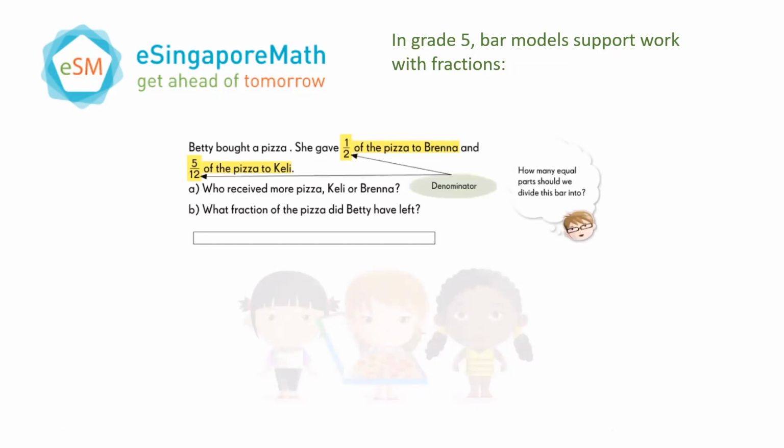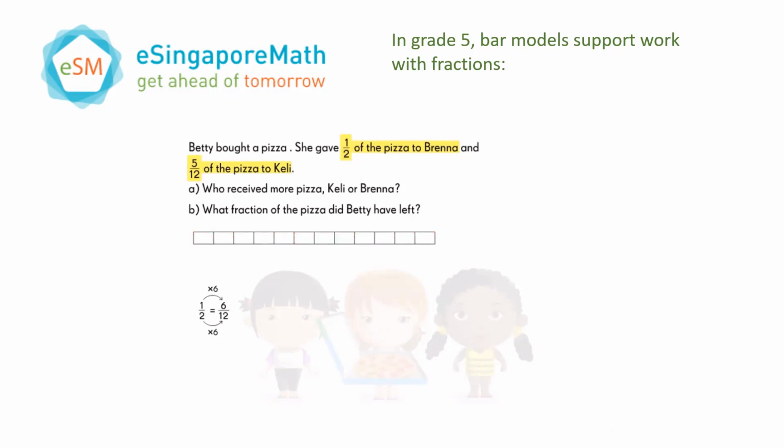We first need to rewrite the fractions so that they are like fractions. 1/2 can also be written as 6/12. So we divide the bar into 12 equal parts. 1/2 of the pizza was given to Brenna.